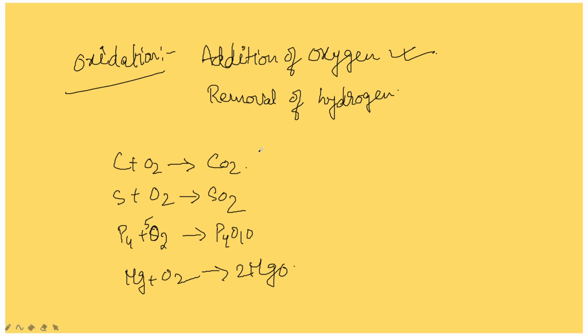Rusting of iron is also an oxidation reaction: Fe plus O2 plus X number of H2O gives Fe2O3 dot X H2O. Here we also need to balance. How many water molecules, because it comes from moisture, we don't know. So O2, 3 are there, here 4, 3, match.